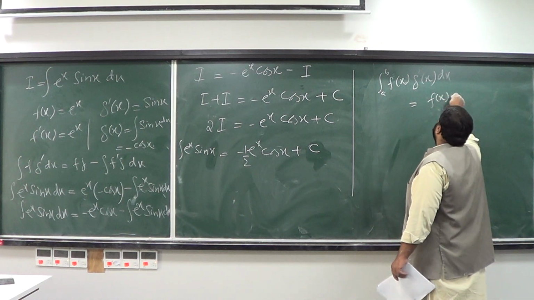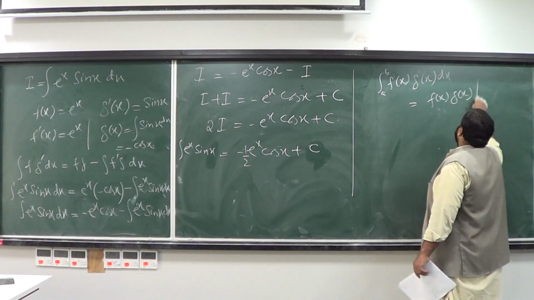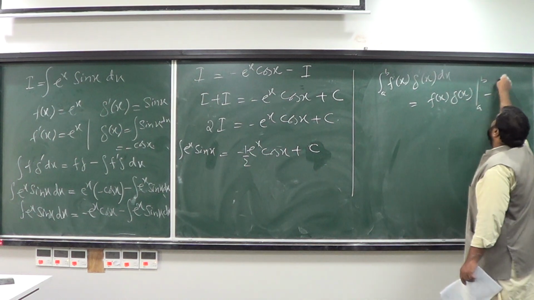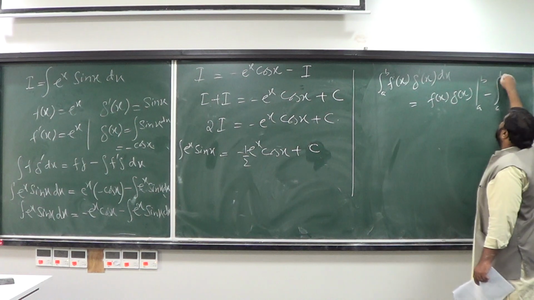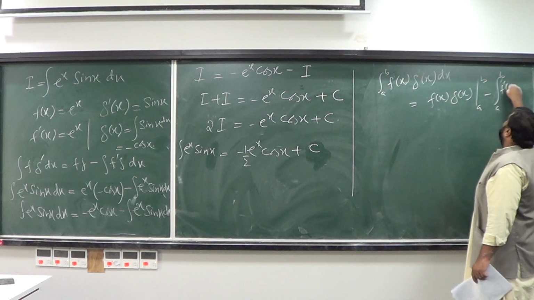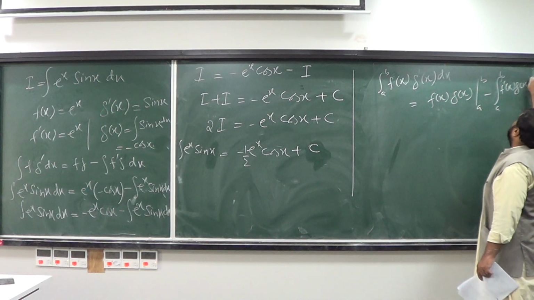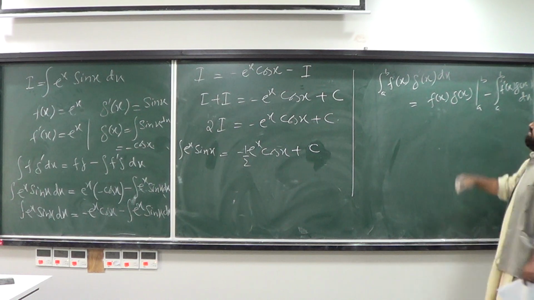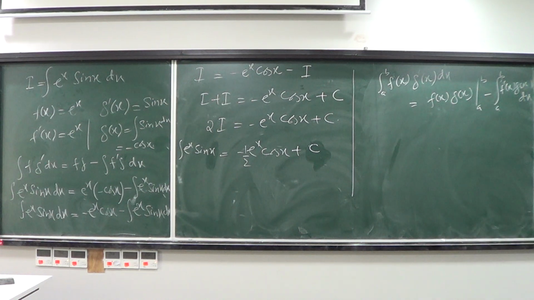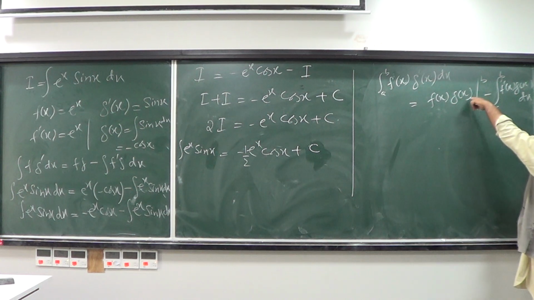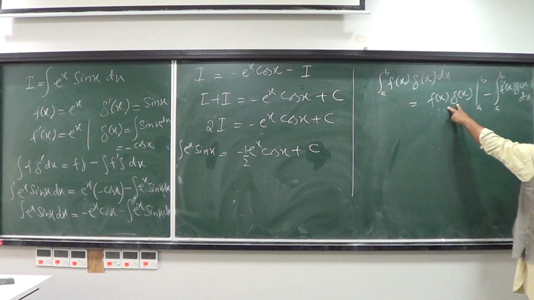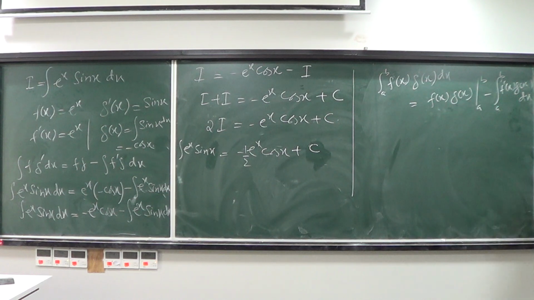Take f of x, g of x, substitute a to b, minus the integral from a to b, f prime of x, g of x dx. So everywhere you just have to put the limits in. So here you're going to put the limit a to b: f of b, g of b minus f of a, g of a, minus this integral. So the trick is really the same.